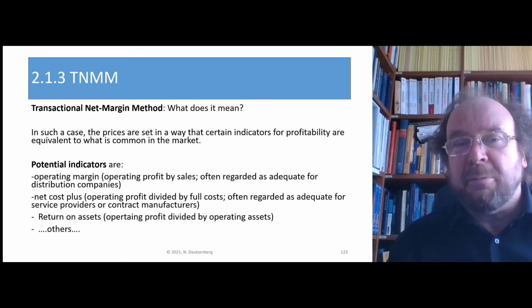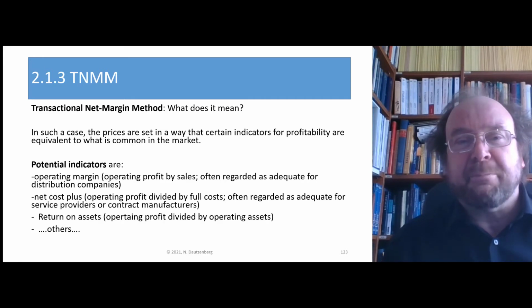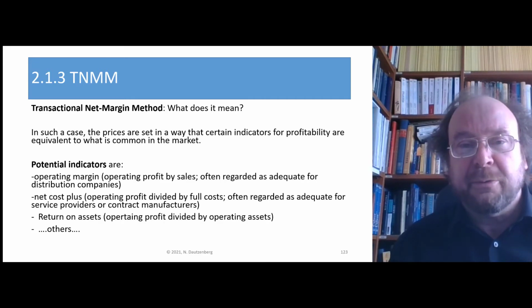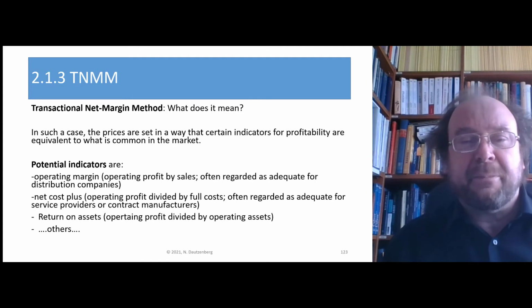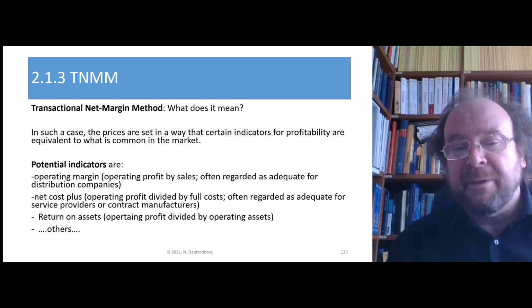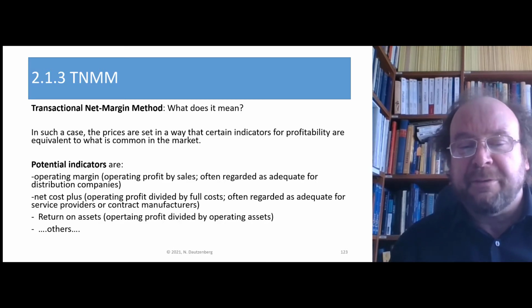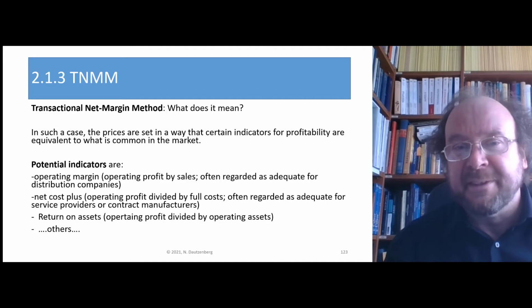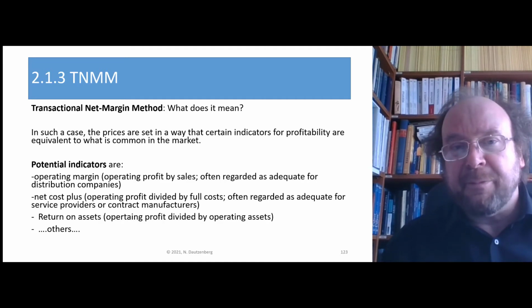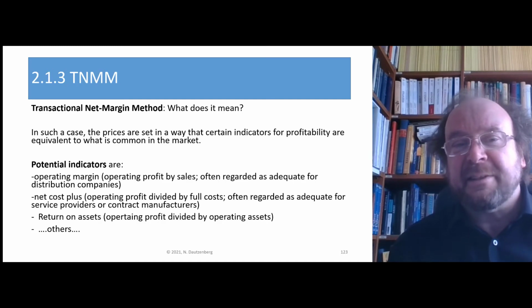So let's say the operating margin, that is the profit in relation to the price, that percentage is market conform, or you have operating profit in relation to full costs, also market conform, or the profit in relation to the assets which you use.